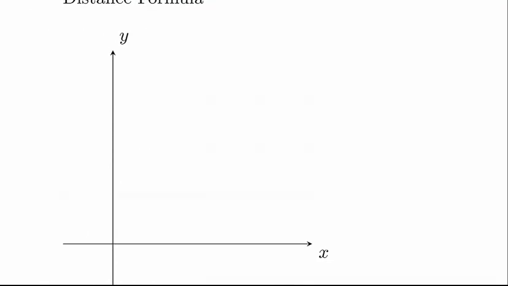So the distance formula, once again, we've got 2 different points. We've got a point here, and then we've got another point over here. Alright, let's combine this point like so. Here's P1, P2. P1 has the coordinates x1, y1, and P2 has the coordinates x2, y2.